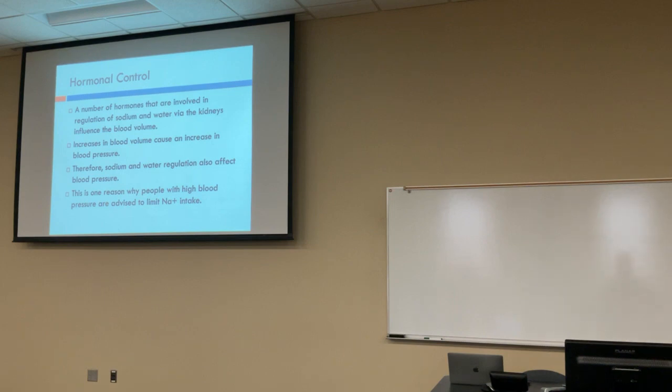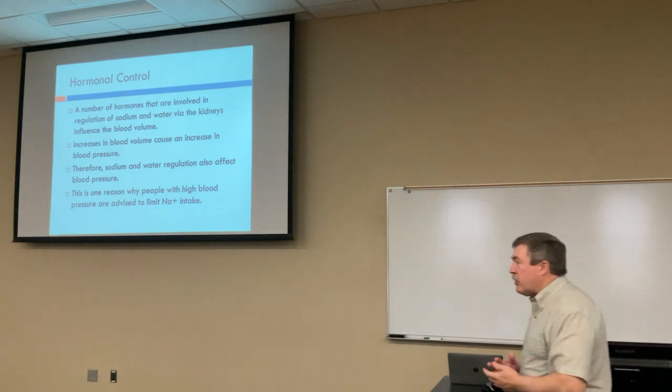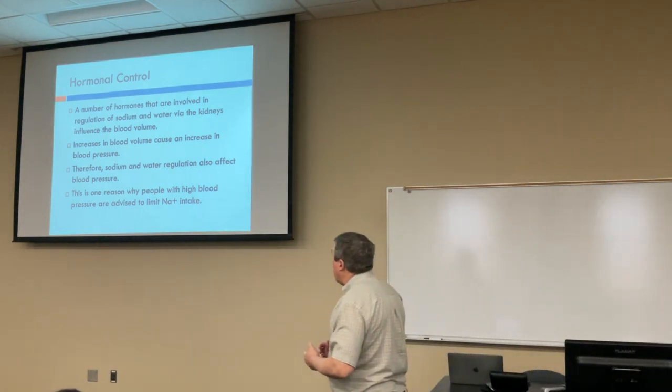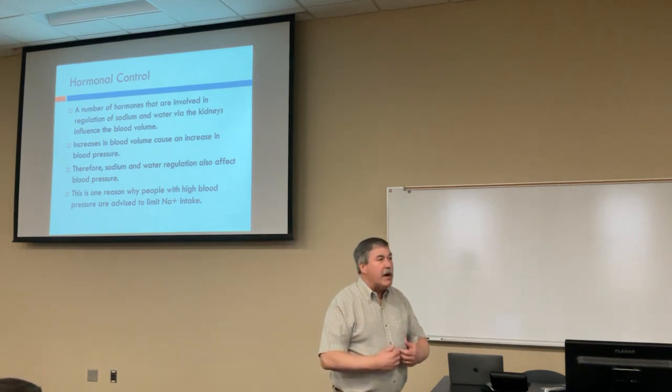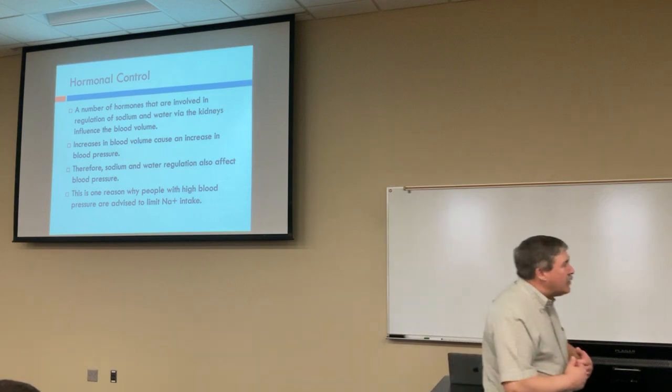If blood volume increases, blood pressure increases. So if your blood pressure is chronically low, eventually hormones will be released which will cause your kidneys to reabsorb more sodium and more water. That will increase blood volume and increase blood pressure. So this is a longer term form of regulation. Blood volume is increased through an increase in reabsorption of water. Water always follows sodium, though.